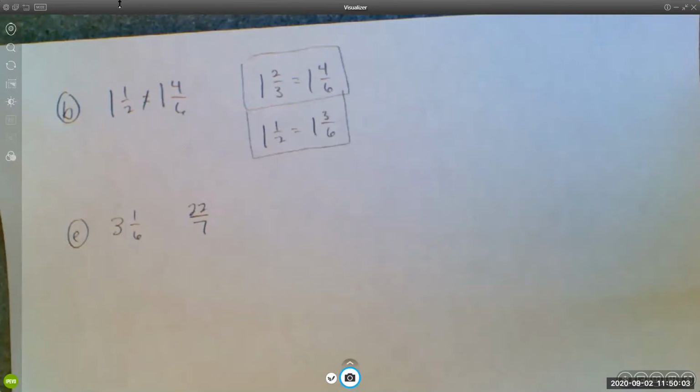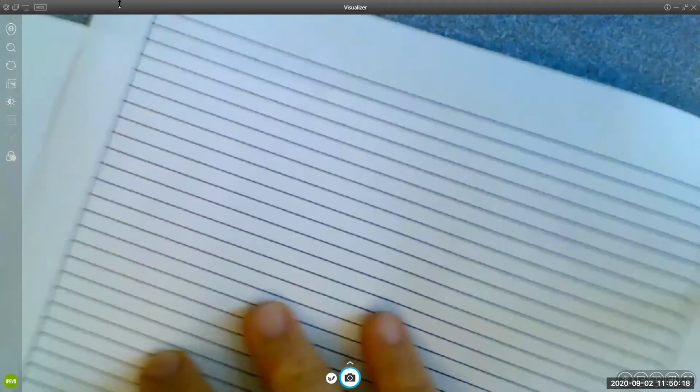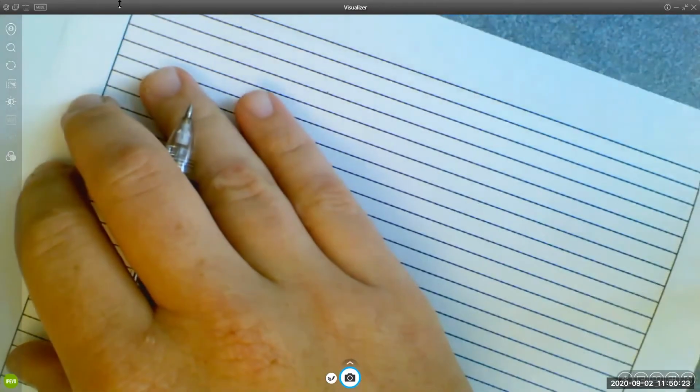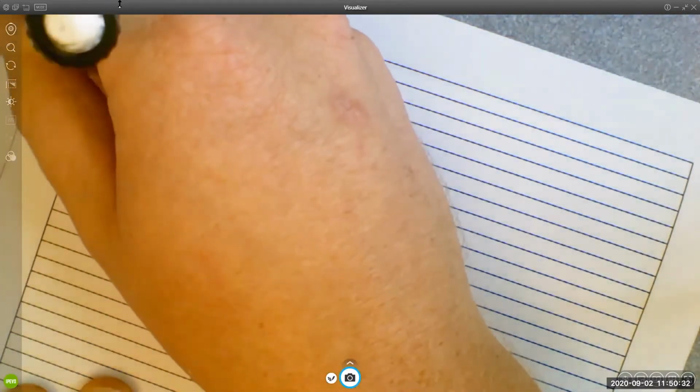Okay, so let's do this. First of all, I'm going to draw myself a number line. I'm just using the edge of this paper as a straight edge. I should get a ruler and make this better so that I have a better straight edge.